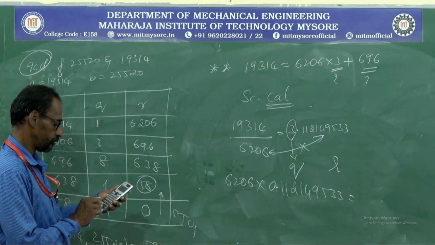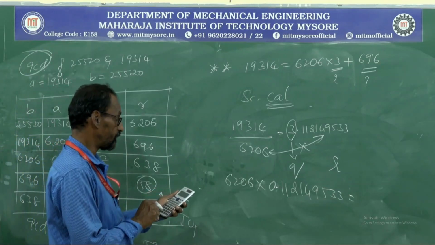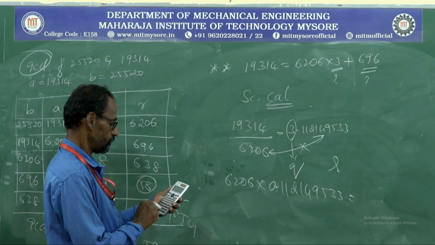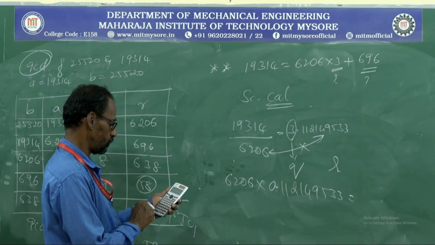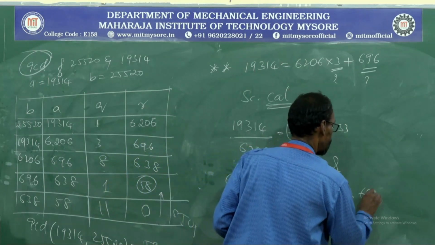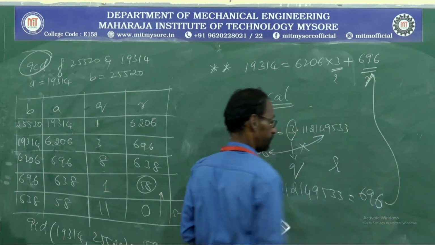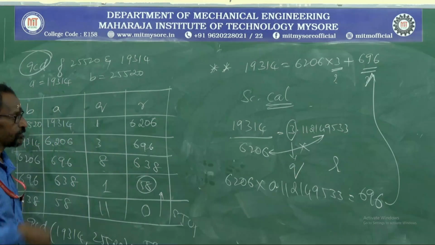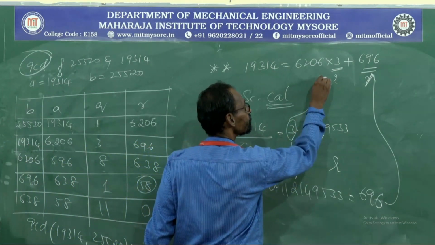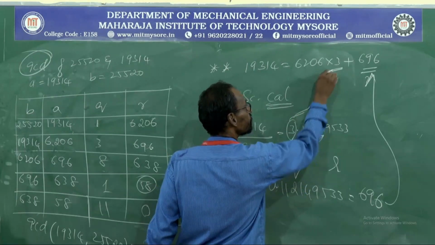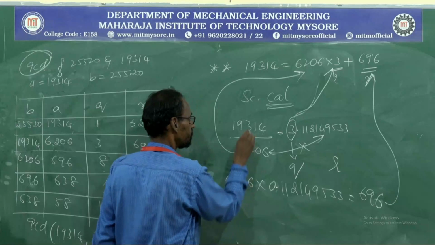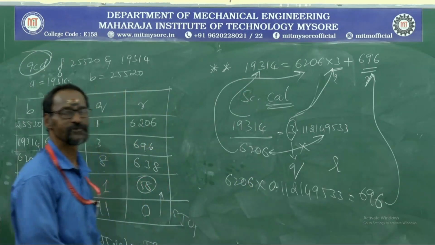I can show now. If you multiply by 6206, I got the answer 696. See? This is going to be Q. This is going to be your A and this is going to be your B.